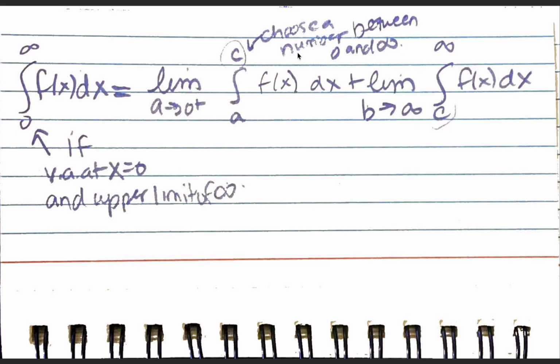We are choosing a number between 0 and infinity. So c in here just can be any number between 0 and infinity, because we are trying to prevent counting the vertical asymptote at x equal to 0, because otherwise it will just be indeterminate. Same thing as here, the limit as b goes to infinity of the integral from c to b of f of x dx.